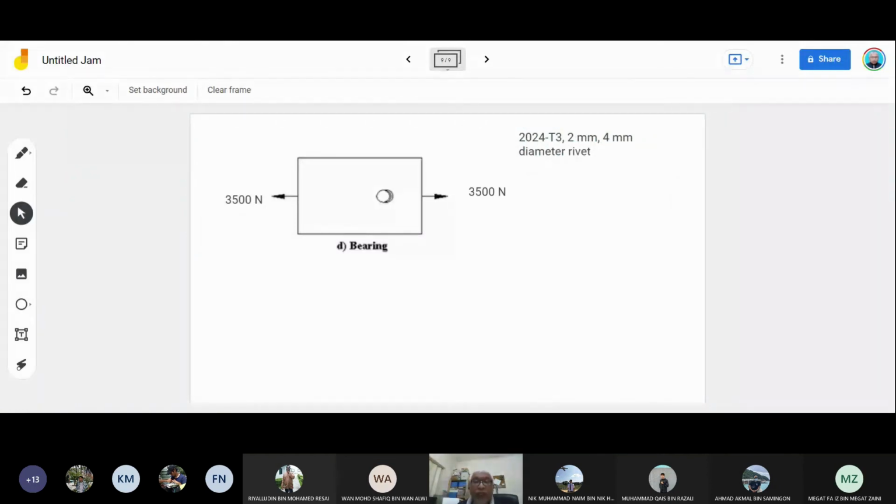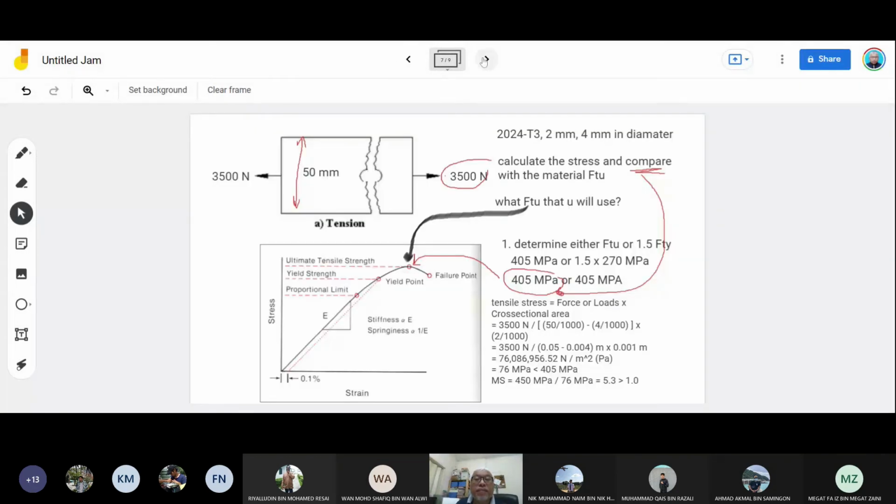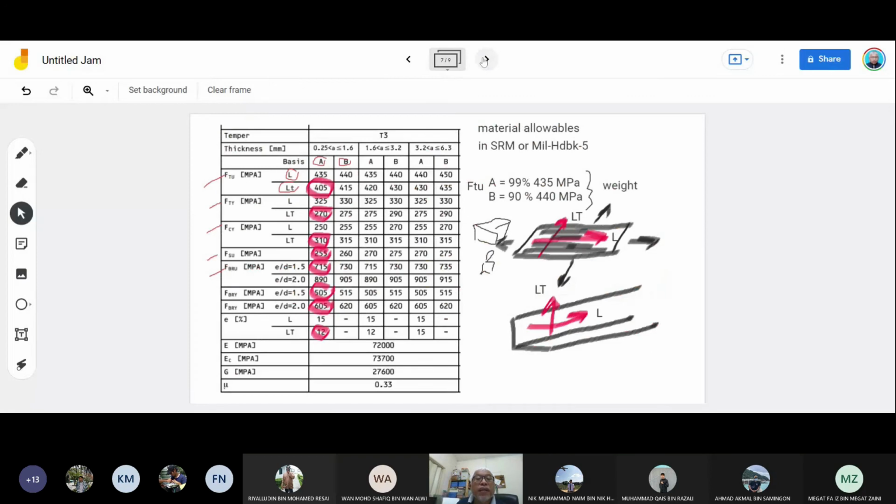So we go back to the chart for bearing. It has bearing ultimate and bearing yield. Let's see, we use bearing yield.